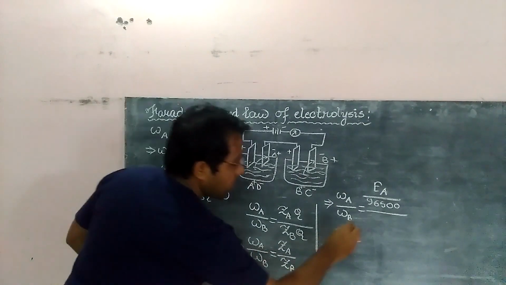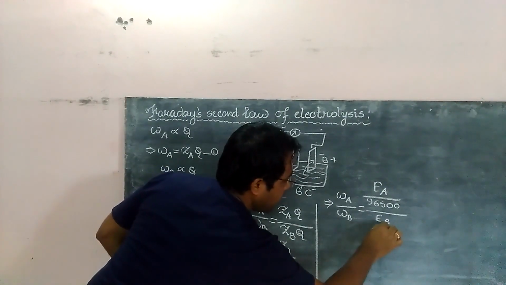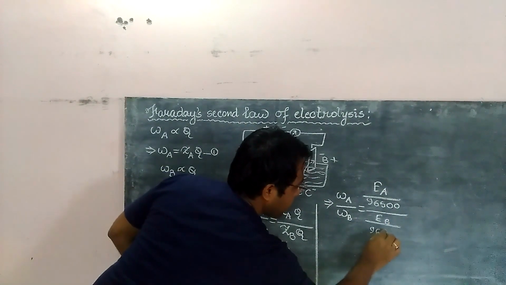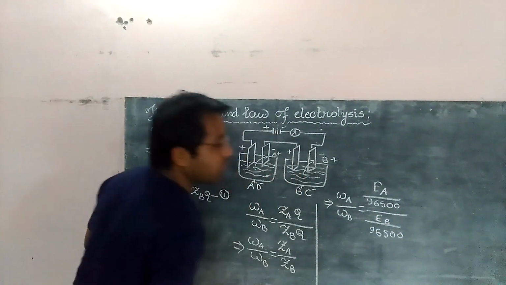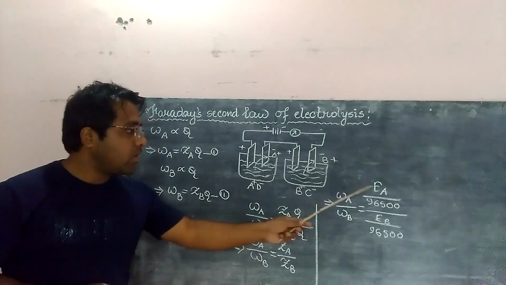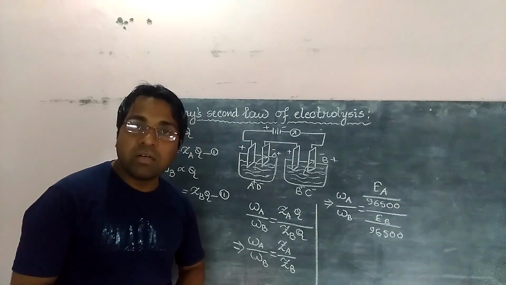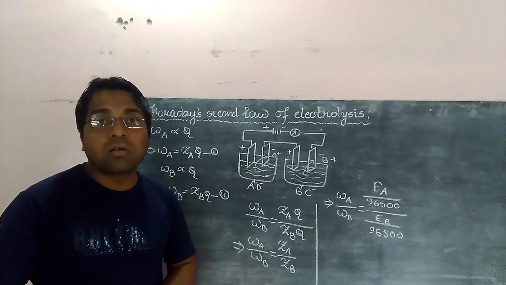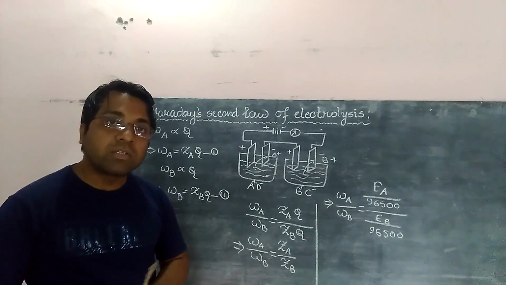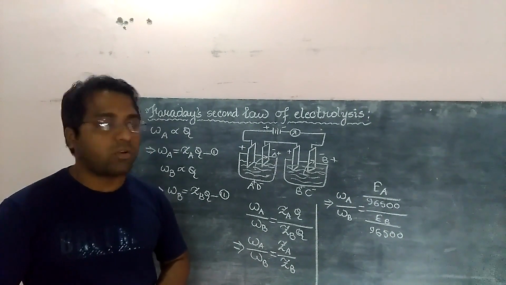And what about this one? EB by 96500. So this is the common term, and E is what? Equivalent mass. And equivalent mass we can calculate by the molecular mass divided by the charge of the metal cation.